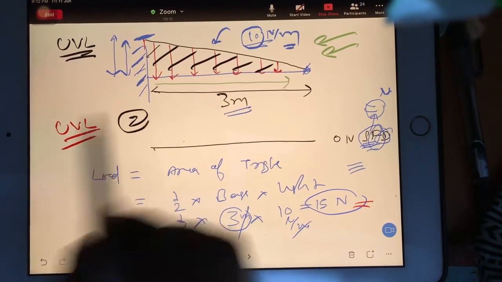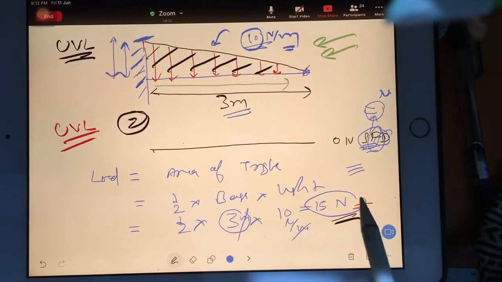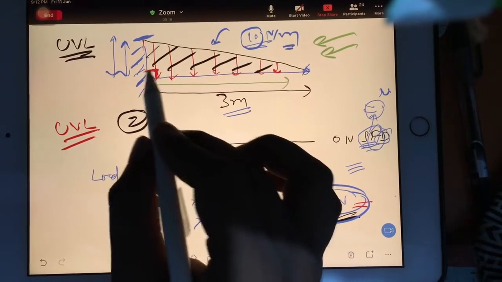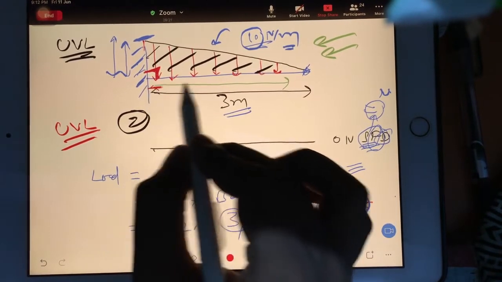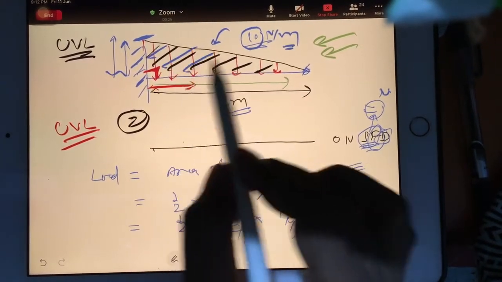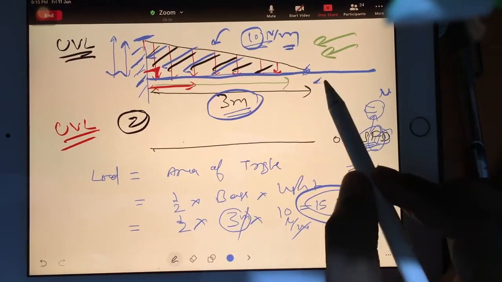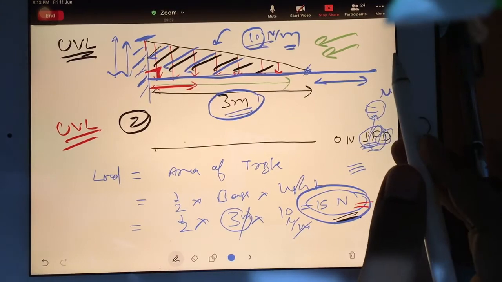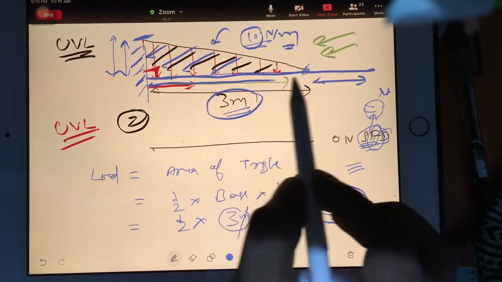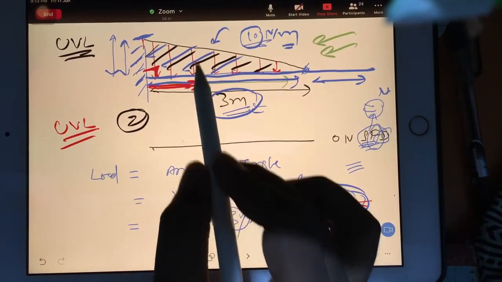Next question: where will this resultant load act? Always remember, from the 90-degree angle, it will act at 1/3 of the total length. The total distribution is till 3 meter. After this you can have beam, it does not matter. We have to bother about the load distribution length, which is 3 meter. So 1/3 of 3 is 1.